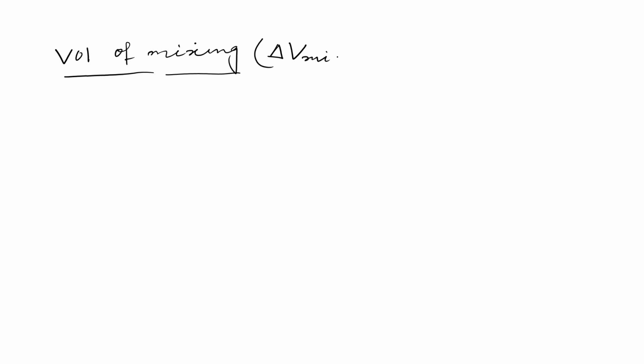Now, coming to the last topic, that is the volume of mixing, or delta V mixing. Once again, we know that dG is equal to VdP minus SdT.